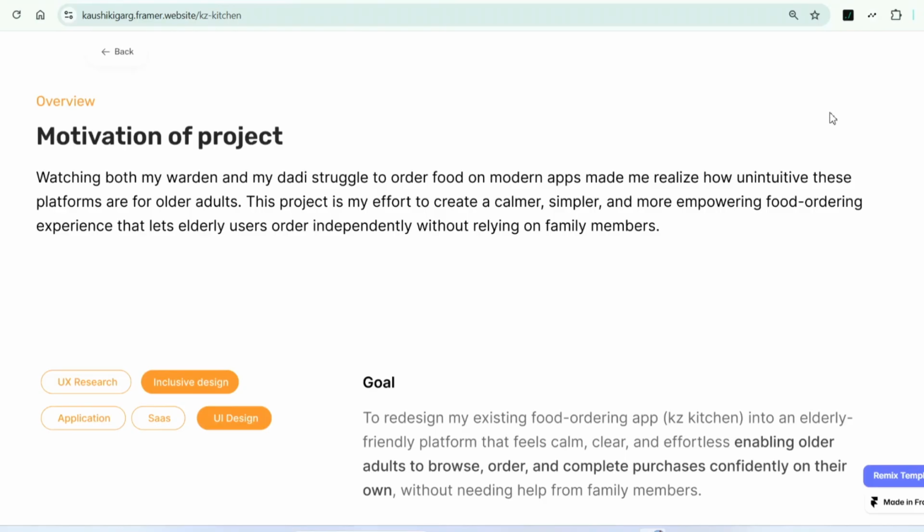I just got a deja vu and flashback to the time when my grandmother also used to tell me to order food for her. That is how I thought, why are these applications so non-elderly friendly that every time they have to take help of their daughter or grandchildren or anyone to order food. So this is how it started, and let's get started with the project.